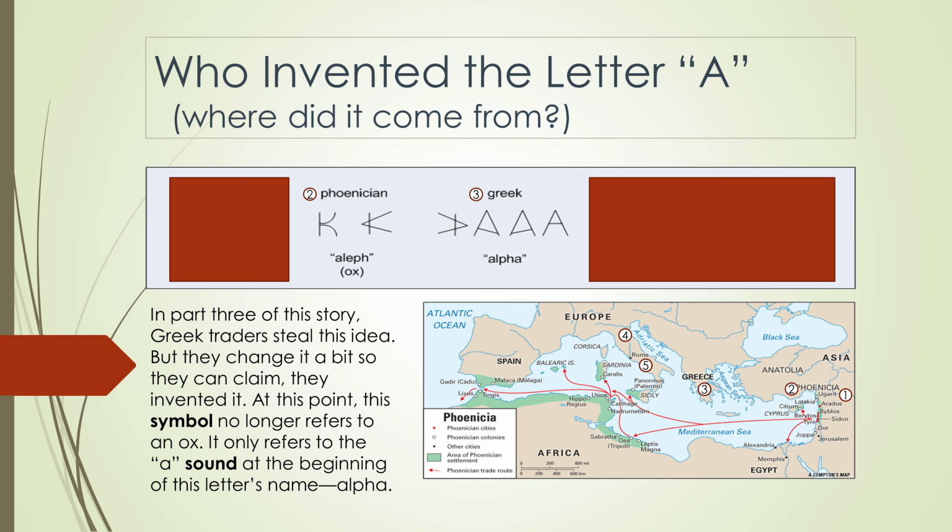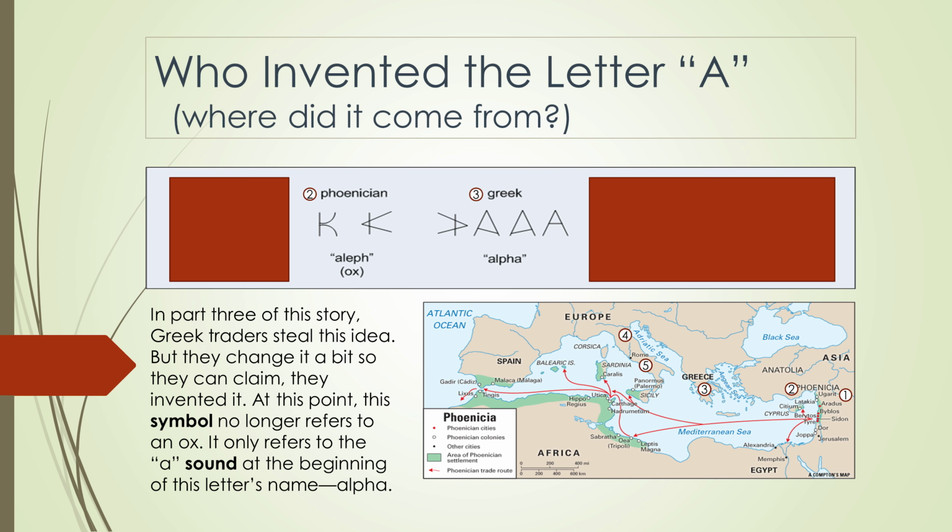Contrasting and comparing the shapes, the positions, the orientation, etc. Try to see how the third one came from the second one. I think it was a little easier to see how the second one came from the first one. They look like horns. But try and see how the third one came from the second one.